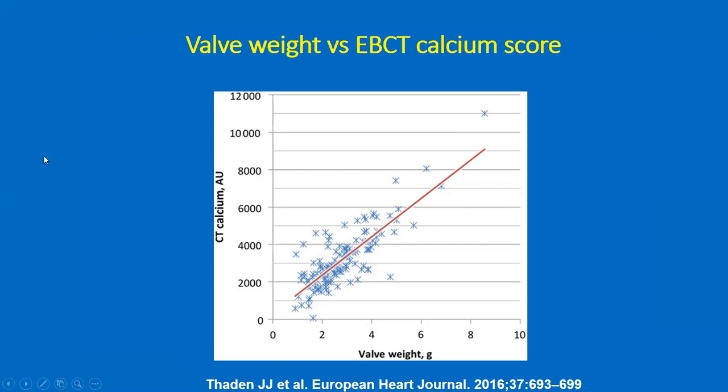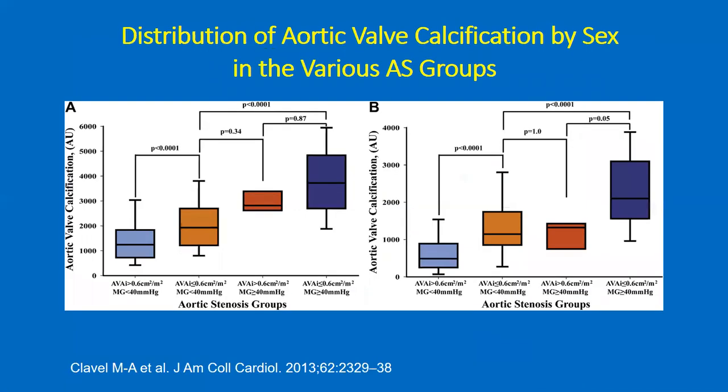So the calcium score by CT has entered the clinical armamentarium for aortic valve severity evaluation, and is able to give us precious information in patients who have discordant indices of aortic stenosis, but still clinically look like severe aortic stenosis.